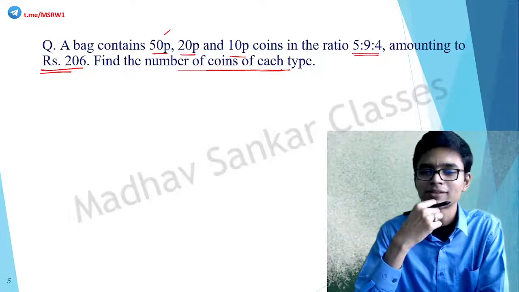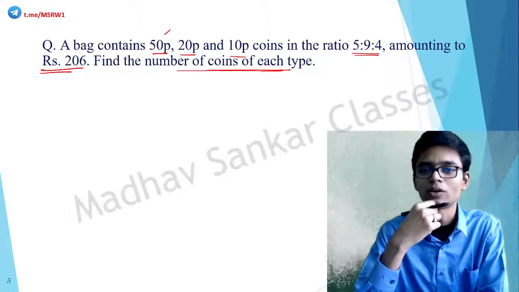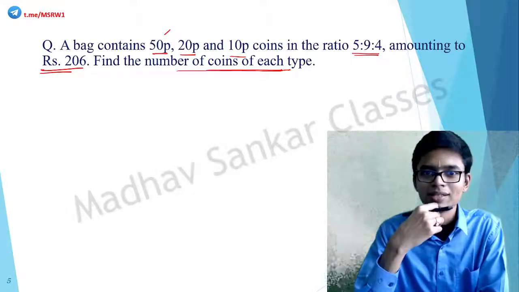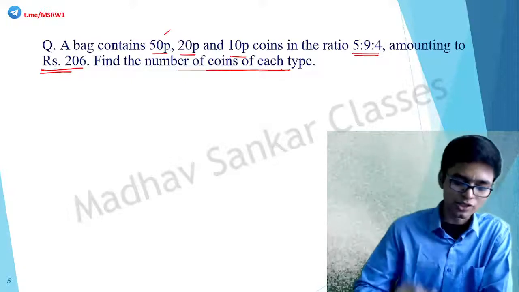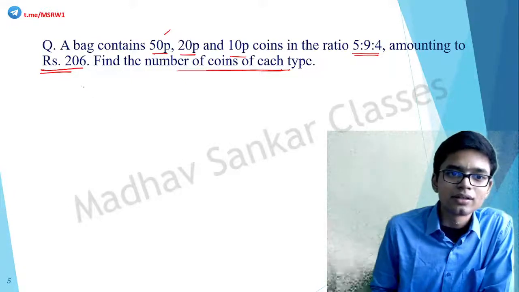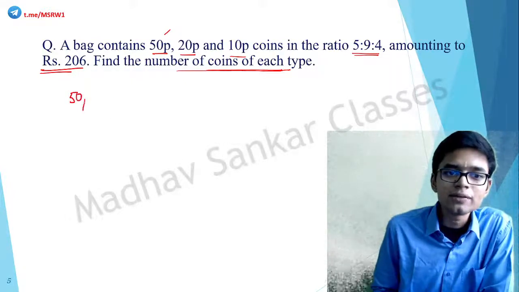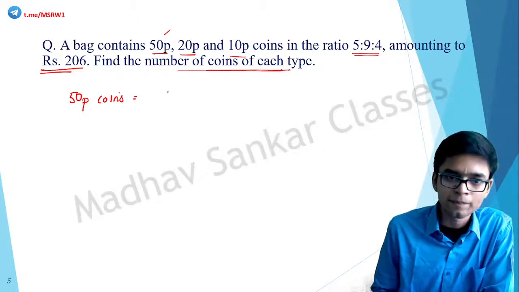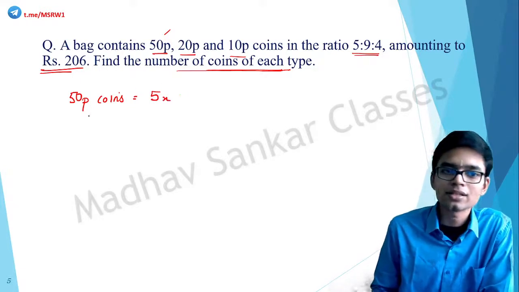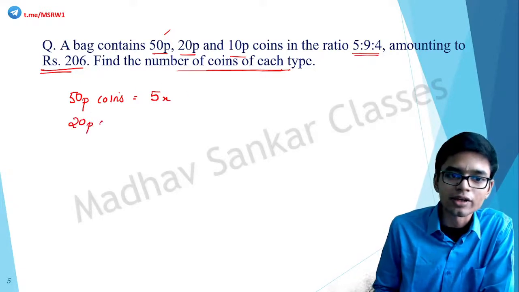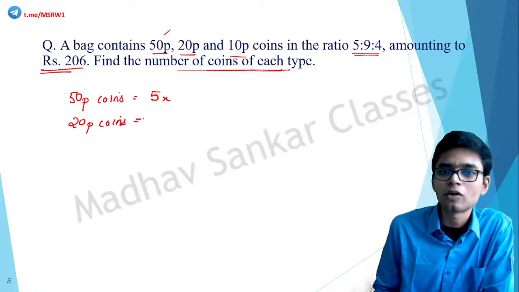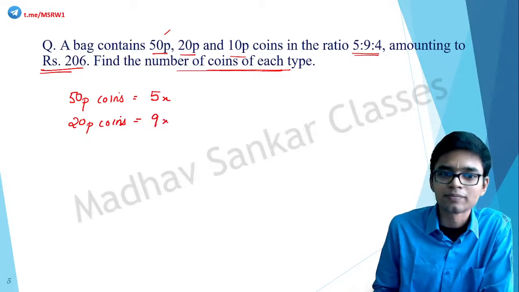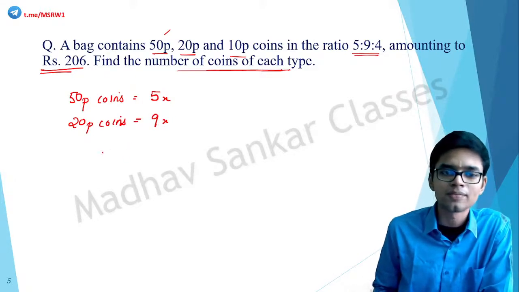How would we find this? What is the formula or how to do this? Simple, just as we did the previous question. 50 paise coins, okay, are say 5x, 5 parts, correct? 20 paise coins, how many parts? 9 parts. 9 into something, 9 parts.